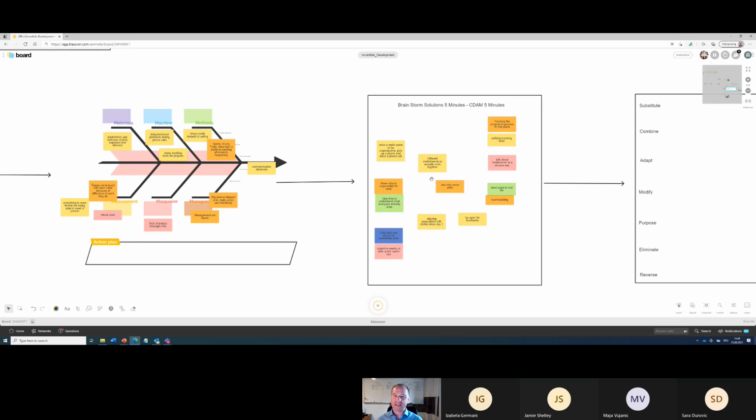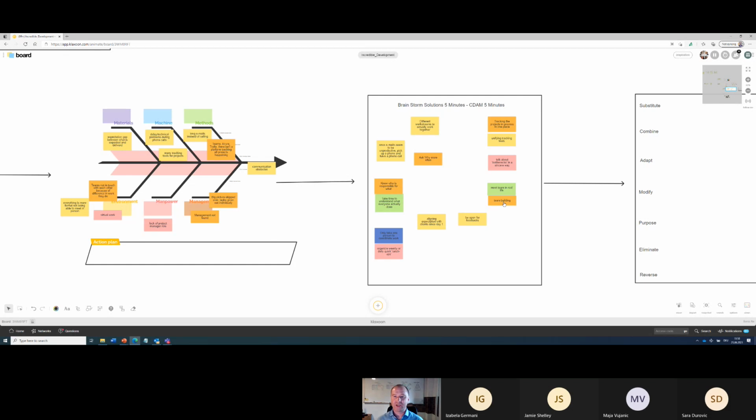Good set of ideas. Now we're going to go through a quick process. You can see I already started to group some of the post-it notes together. Now we're going to go for a very quick process of combine, delete, add, modify.